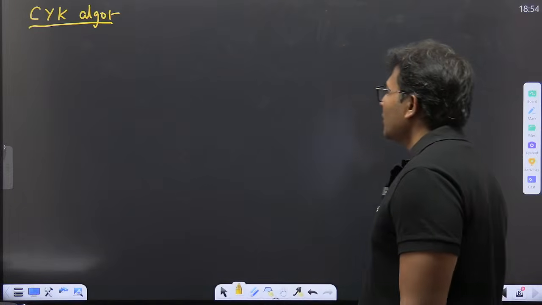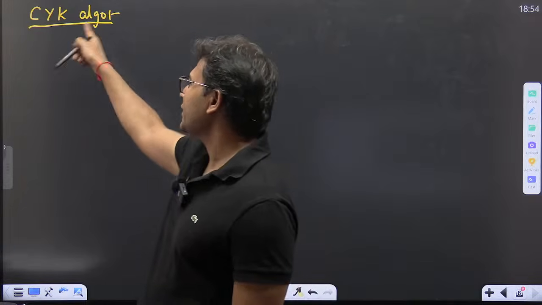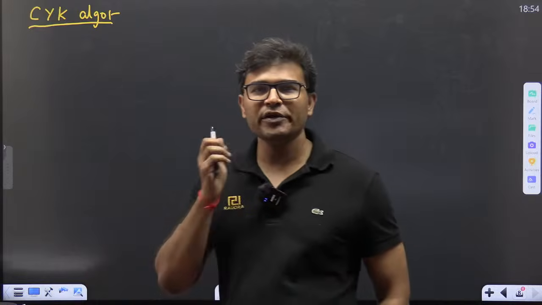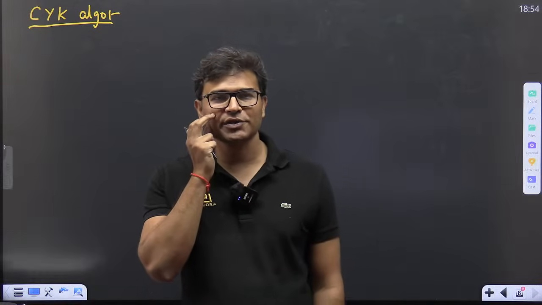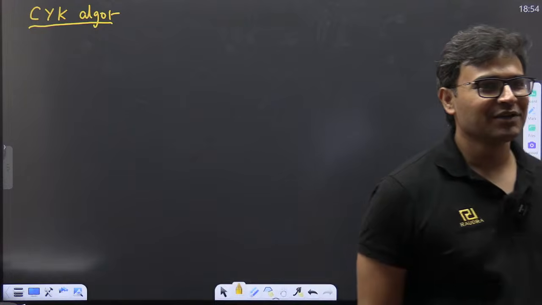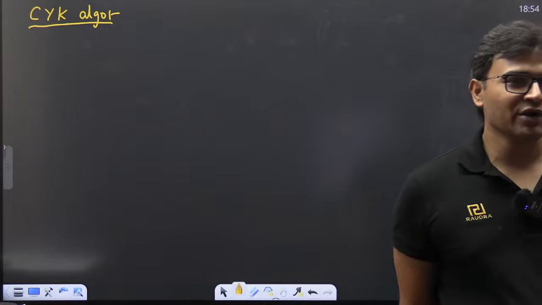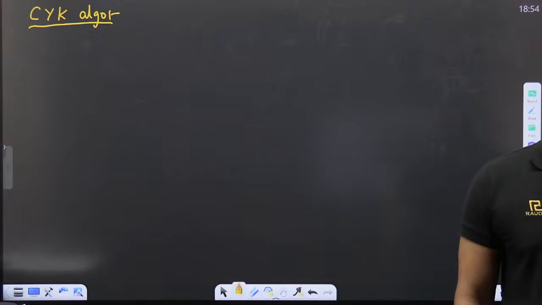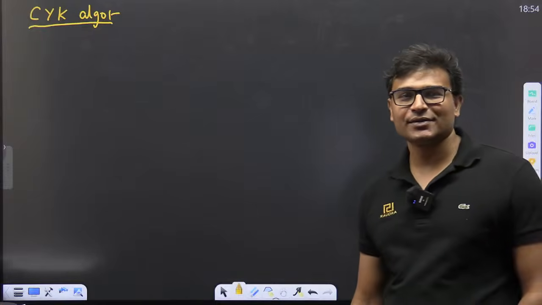Fine. Now what do you want? In CYK algorithm, do you want to do a very big example first and then small example, or do you want to do small example then very big example? We will go whatever way you want. Which one do you like?